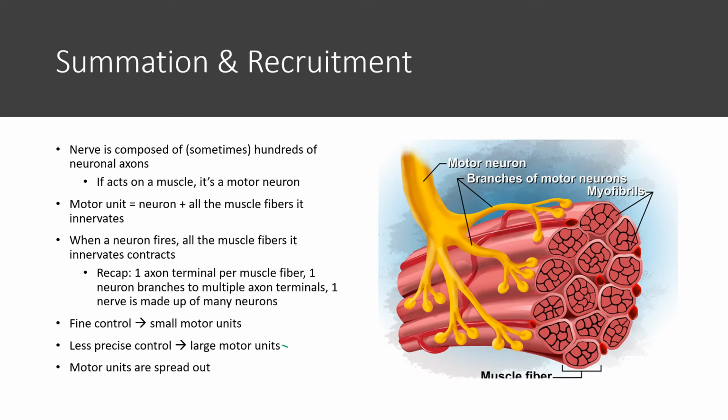In areas where you have very fine motor control, like your fingertips, for example, you have lots and lots of small motor units. You have one motor neuron that's only going to end up stimulating a few muscle fibers. If you have a motor neuron that branches a ton and stimulates a ton of muscle fibers, you have less precise control. So your thigh muscles, for example.